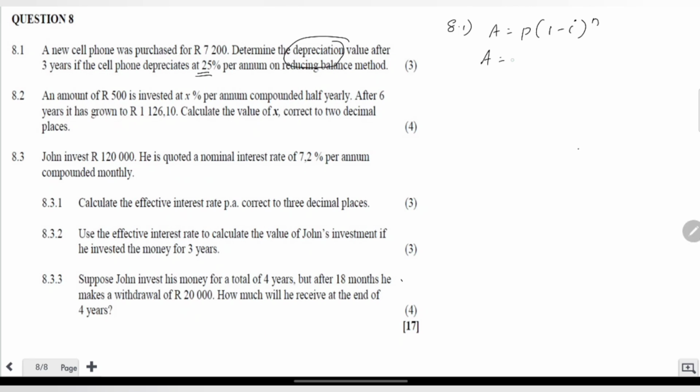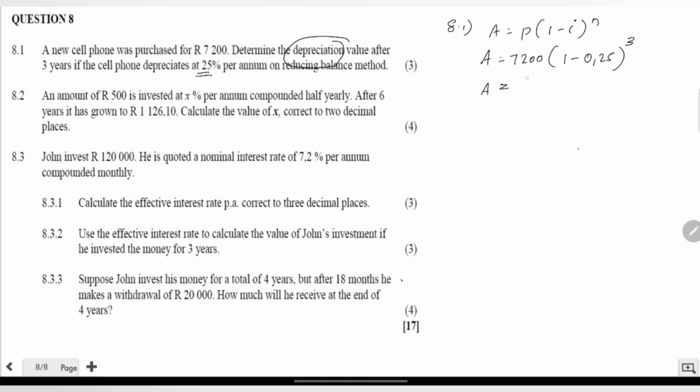So A, the final value, is equal to, the initial value is 7,200 times (1 minus i), where i is 25%, change it into a decimal by dividing by 100, it's 0.25, to the power n, which is 3, the number of years. You can just punch this into the calculator and you will get 3,037.50.